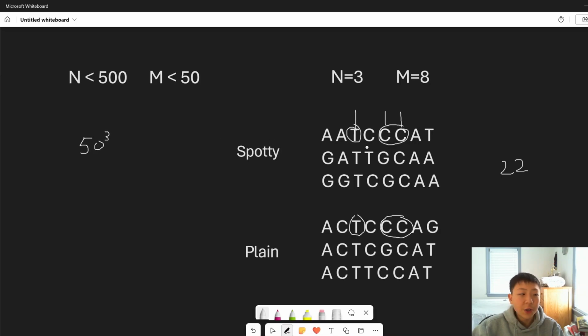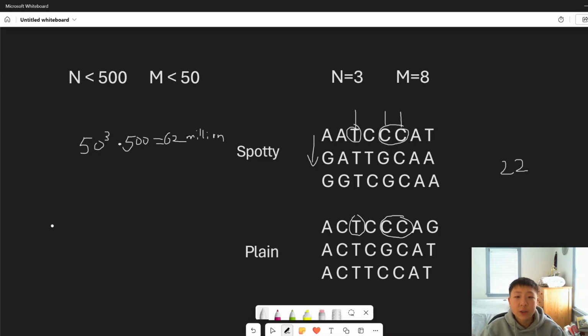And then for each of the 3 indexes, we're going to cycle through every cow to see if any of the spotty overlaps the plain. And so that is going to multiply by 500. And if we calculate this, we're going to get 62 million.